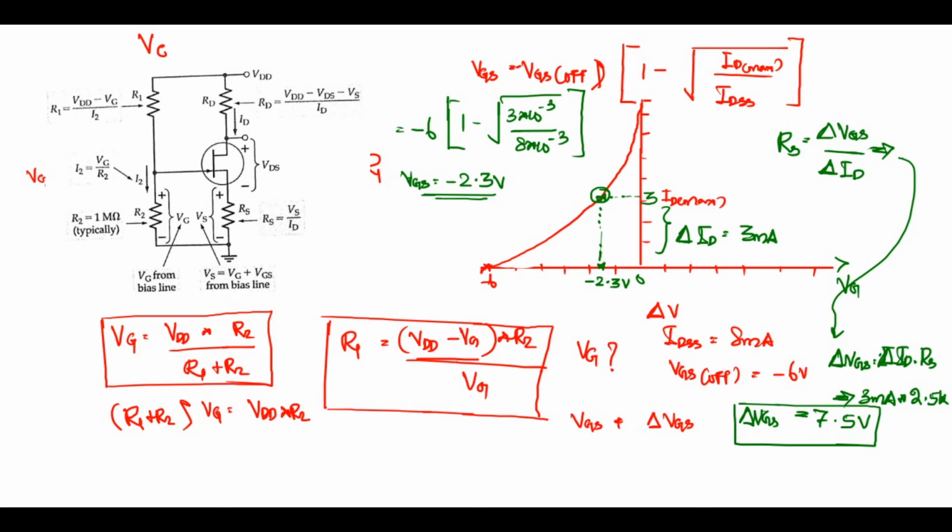So del VGS is the range from this VGS to VG, right? So we already have del VGS and we already have VGS. Therefore you can calculate VG, that is equal to del VGS minus VGS, that is 7.5 volt minus 2.3 volt will be 5.2 volt positive.